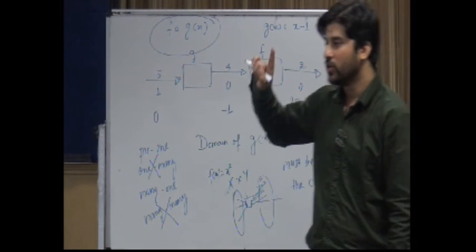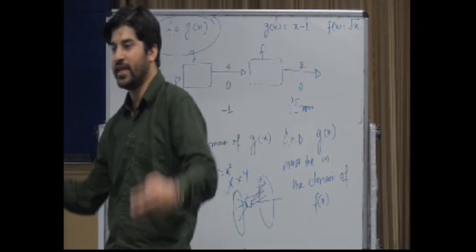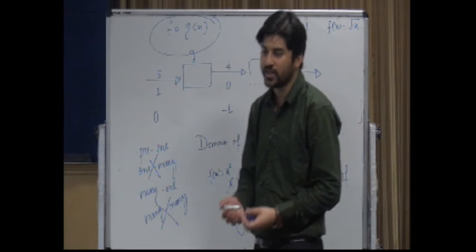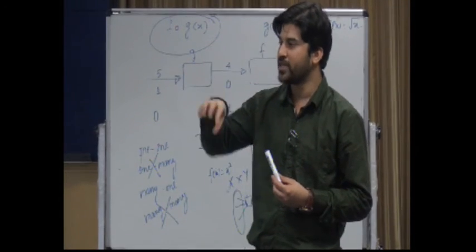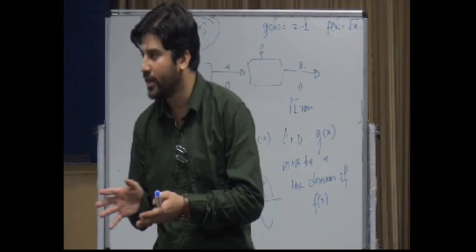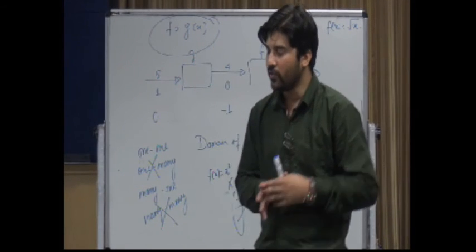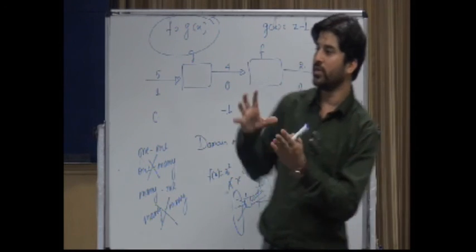When the range and the codomain are equal, we call it an onto function, and when the range is a subset of the codomain, it is an into function. Understood?